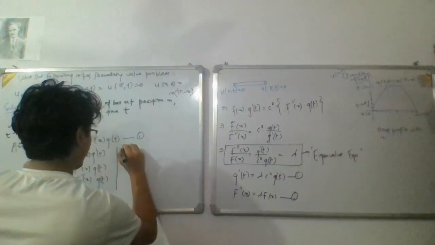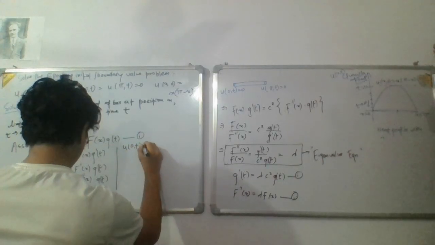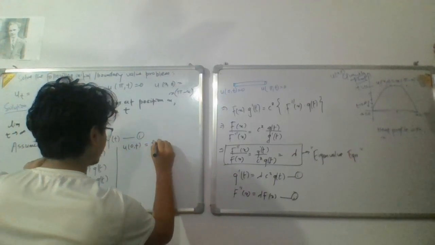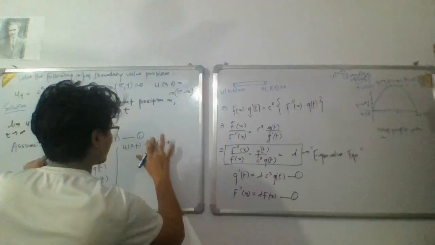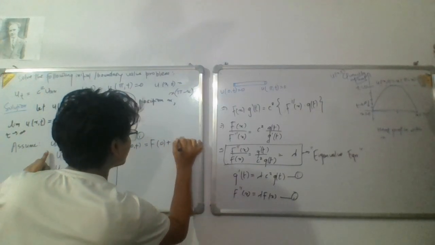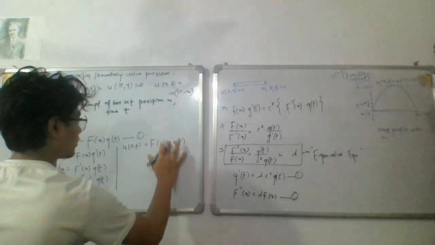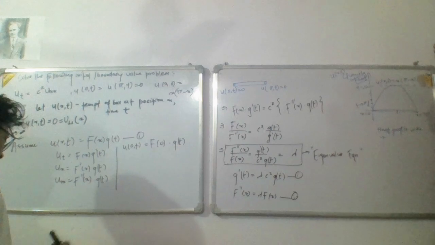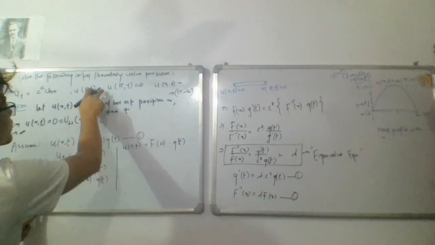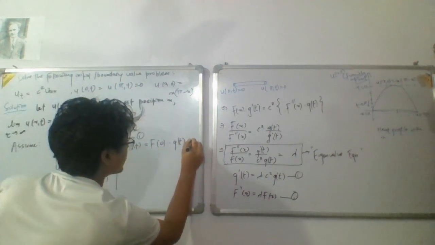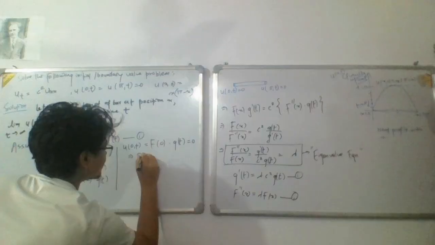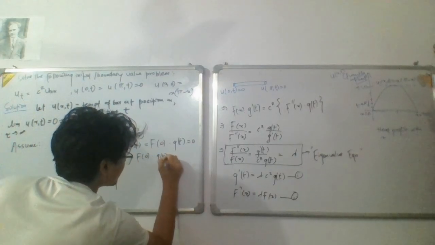For example, if we have the boundary condition at (0,t), then u(0,t) equals f(0) times g(t), multiplied. Now we have been given that this is equal to 0. It means that f(0) times g(t) is equal to 0.